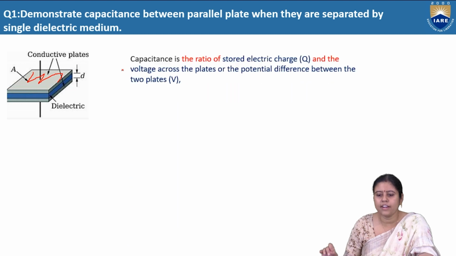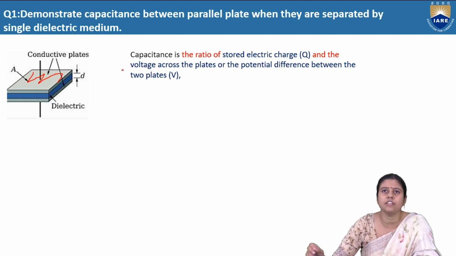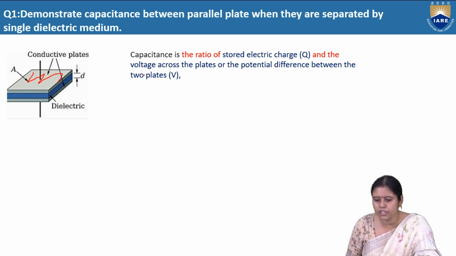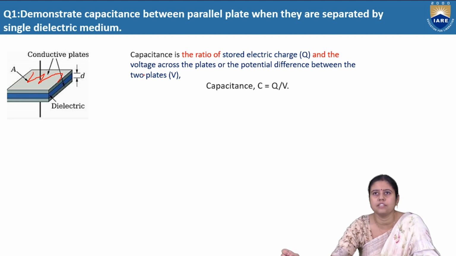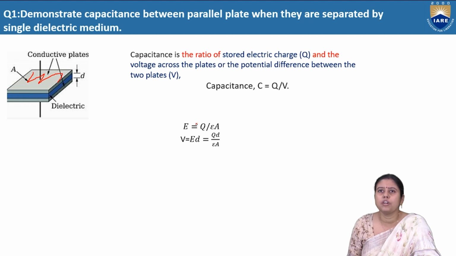So we can write capacitance is the ratio of stored charge Q and the voltage across the plates, or the potential difference between two plates V. So what is the equation? The equation: capacitance C is equal to Q by V. What is E? E, we know, is equal to Q by epsilon A. How can we get this?